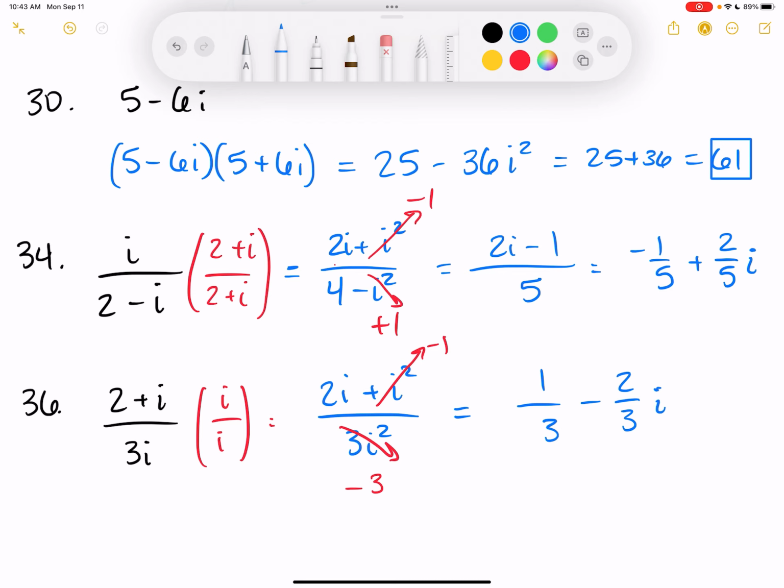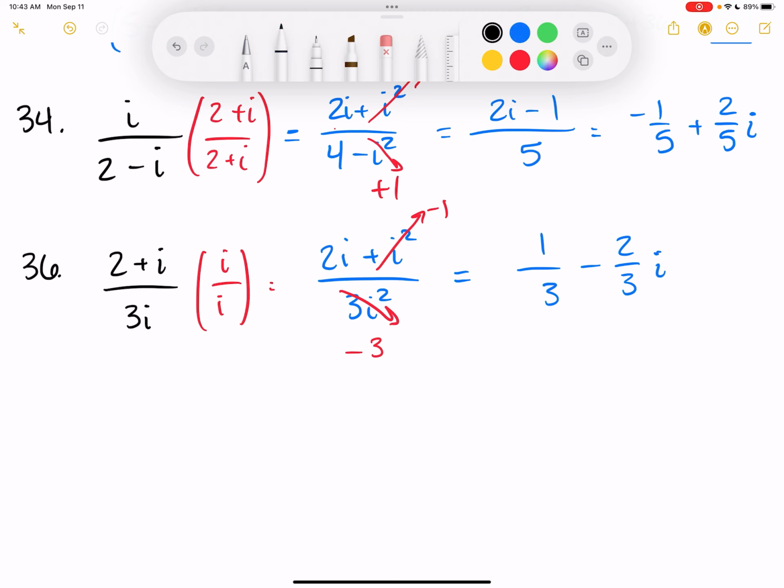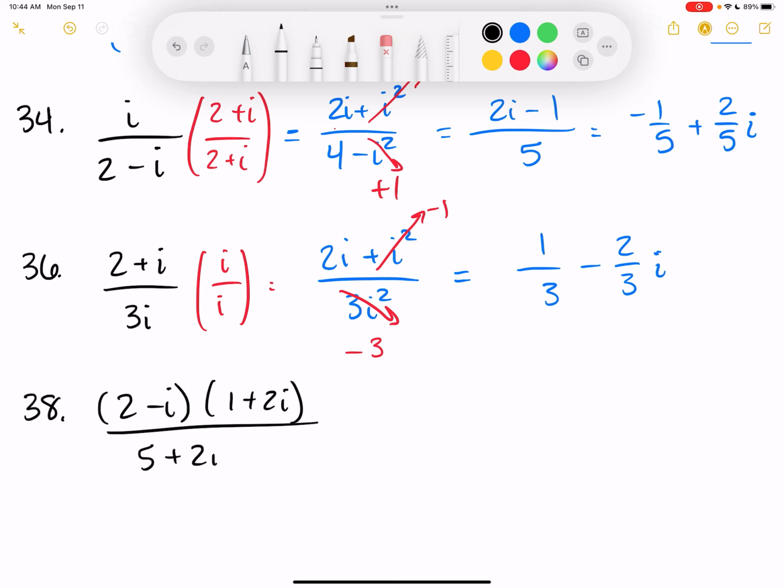All right, one more semi-hard one, and then we just have one more, and then we're actually done. So it didn't take as long as we thought. 2 minus i times 1 plus 2i over 5 plus 2i.